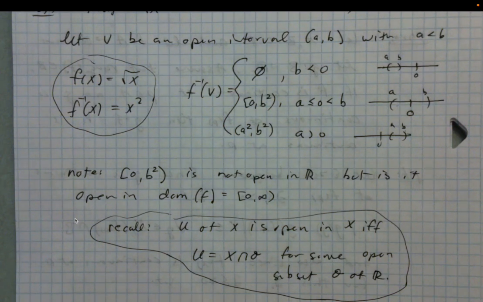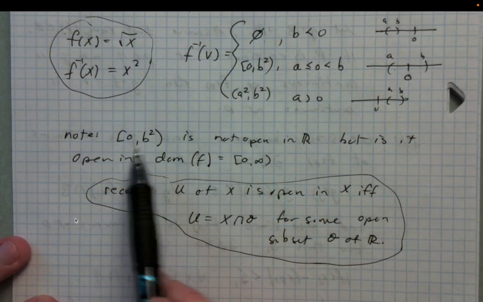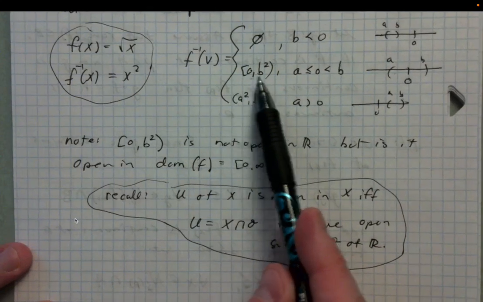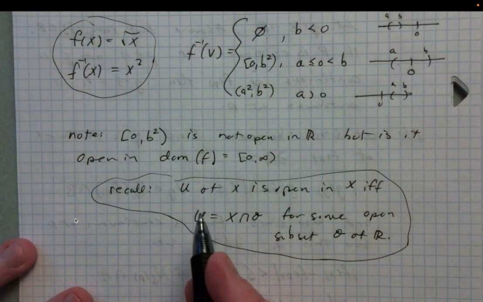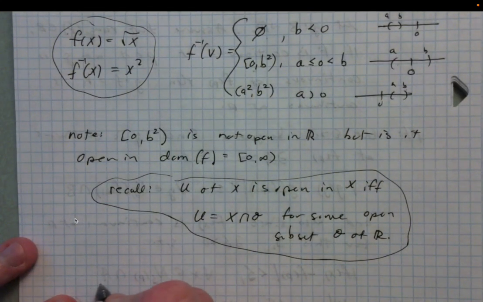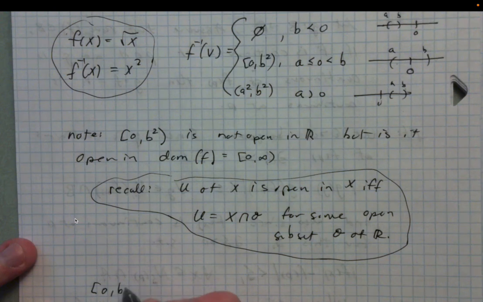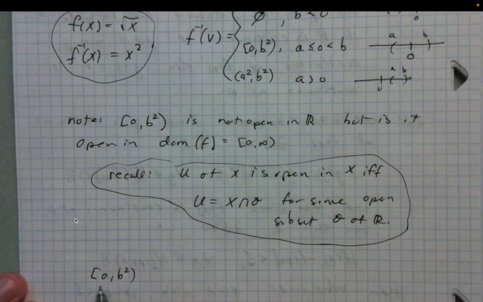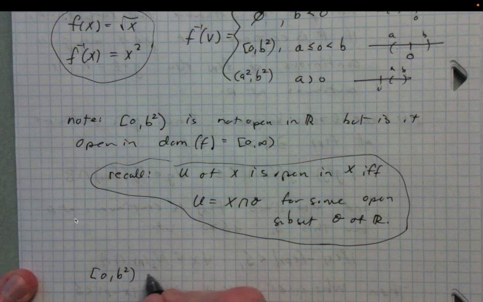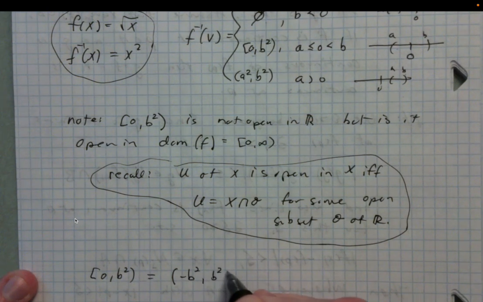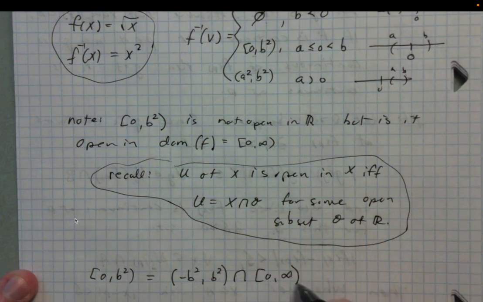And we can see that this is the case, actually, for this middle situation, right? Because notice that 0 comma b squared, this thing here, is really equal to the intersection of negative b squared comma b squared and 0 comma infinity, right?